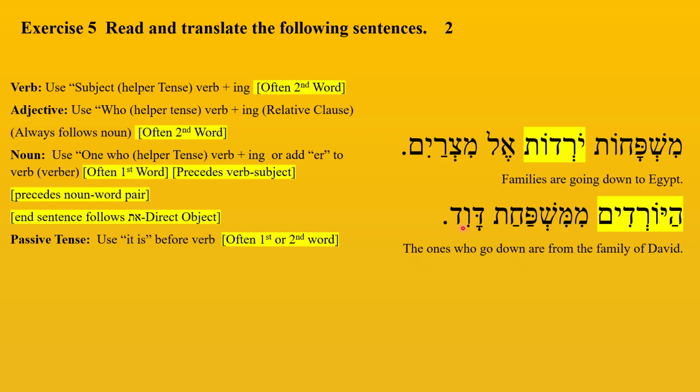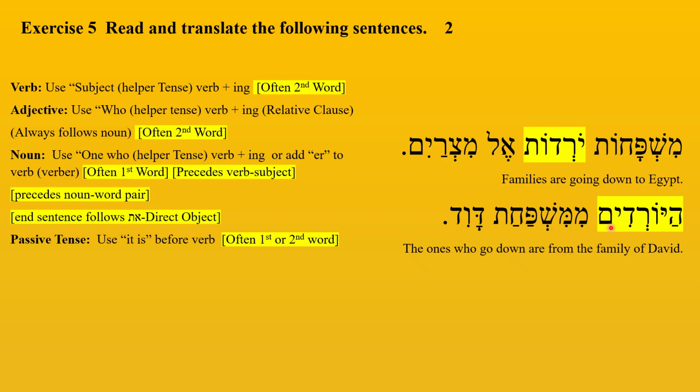Ha yordim mimishpachat David. So now you have going down in the first position. Probably now this is the subject, or it's a part of a word pair. Okay, so if it's a noun, the one who.